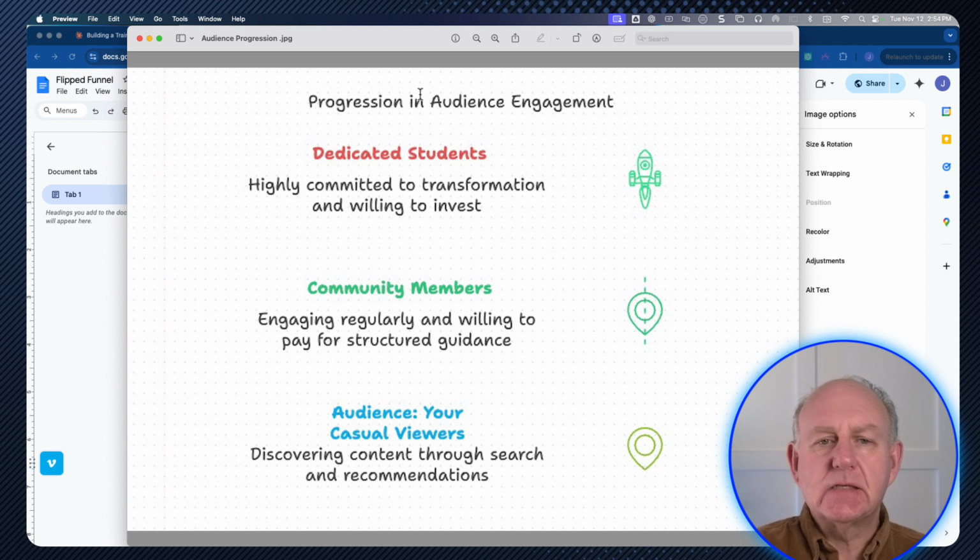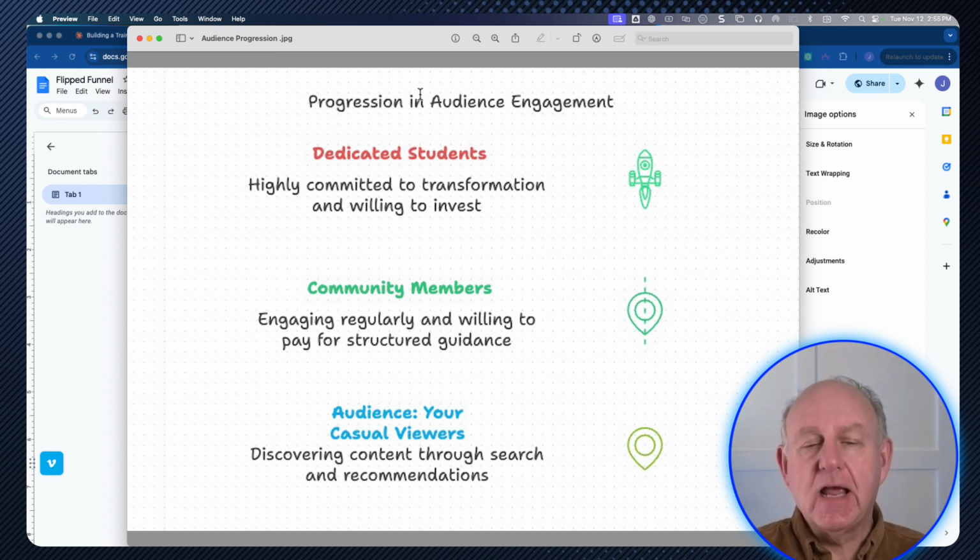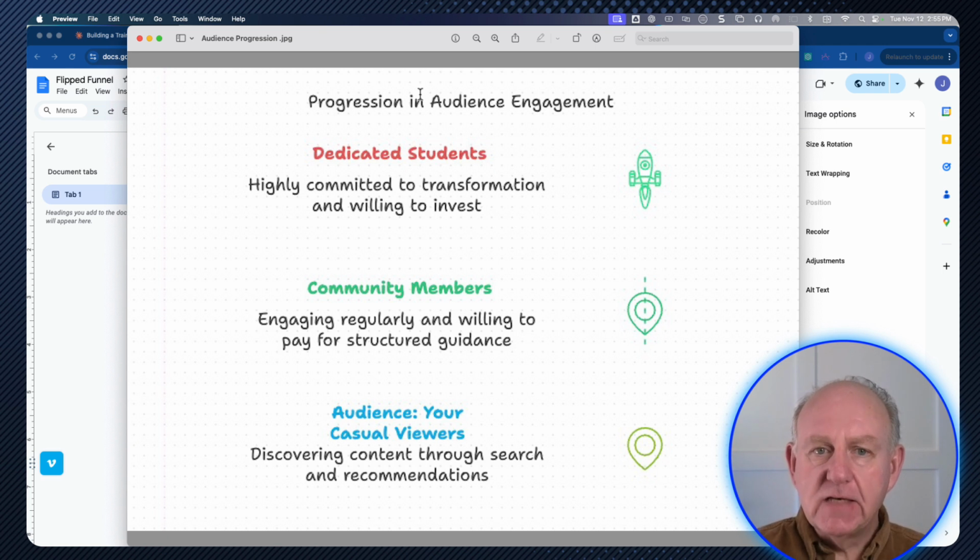So this is not a sales funnel. It is an audience engagement progression. Or think of it as a bit of a foundation and building up like a pyramid. So this is the progression that I'm going to be using. And I'd like you to at least consider it, because I think it's becoming more popular and a lot of people are starting to do it now.